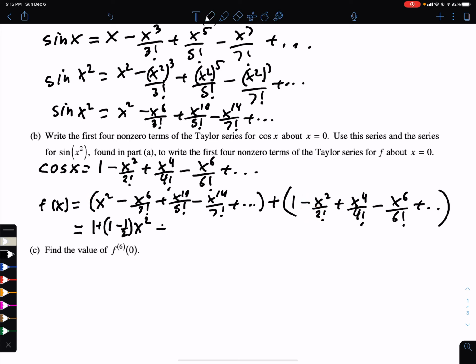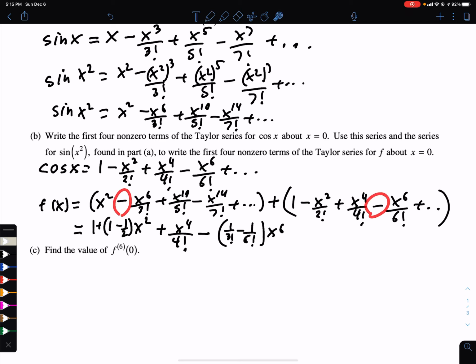Then, for our next term, it's going to be x to the 4th over 4 factorial. And then the next will be x to the 6th, but we have 2 of those. So I'm going to factor out the x to the 6th, and we're going to have 1 over 3 factorial minus 1 over 6 factorial.